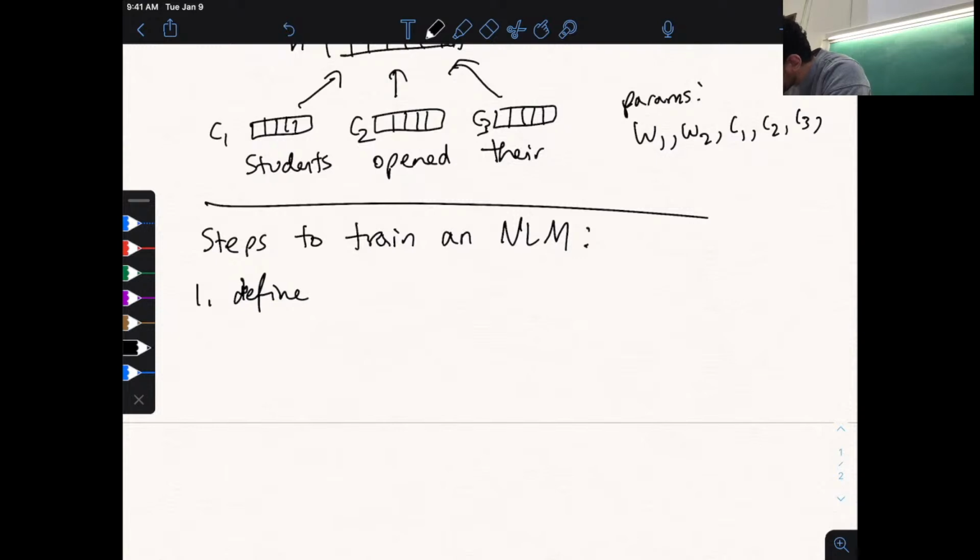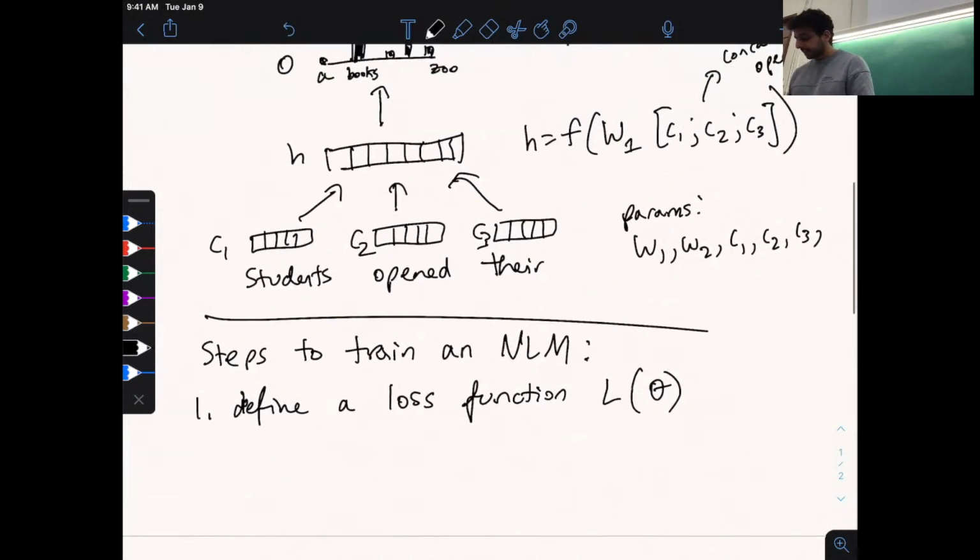So the first thing we need to do is define a loss function. If you've taken a machine learning class, you have probably seen a variety of loss functions. We'll call this L as a function of theta. And just as a bit of notation, when I refer to all of the parameters of the model, I'm going to use the variable theta.